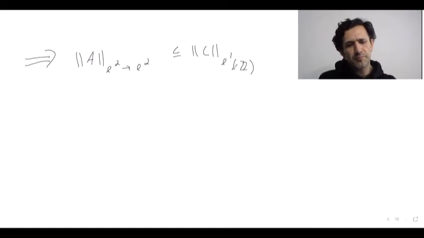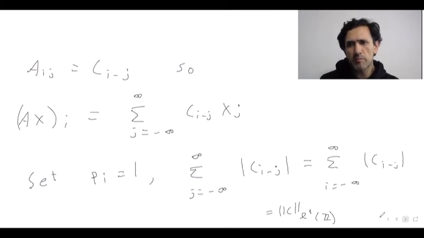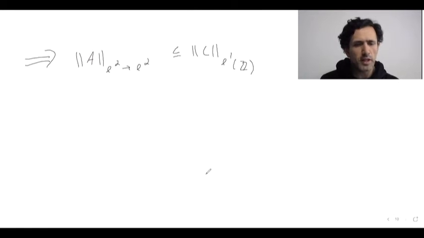Of course you can do a discrete Young's inequality type argument, or just a clever Cauchy-Schwarz inequality itself to prove this. But it's much quicker just to use the Schur test, so it's a nice example of the Schur test.